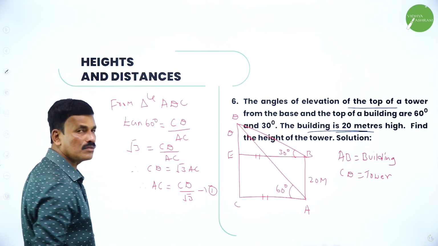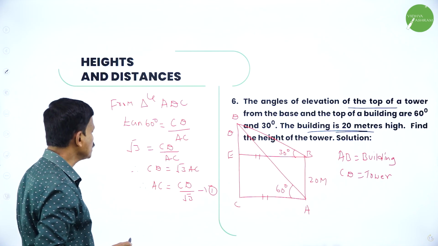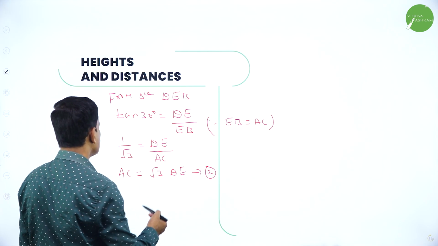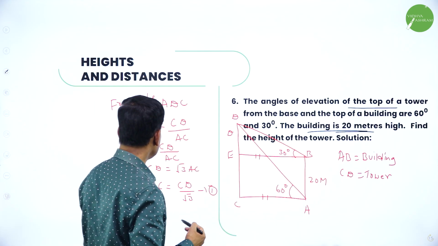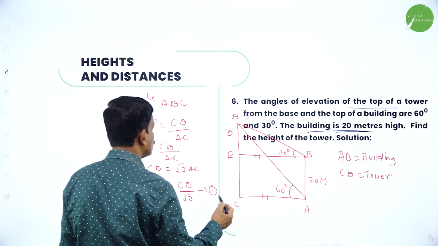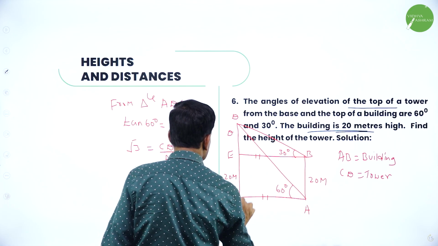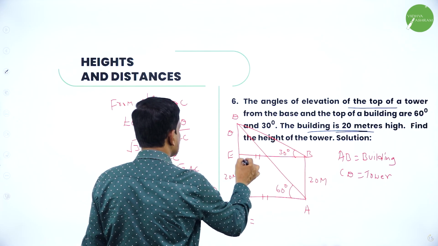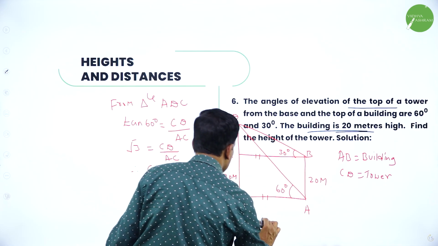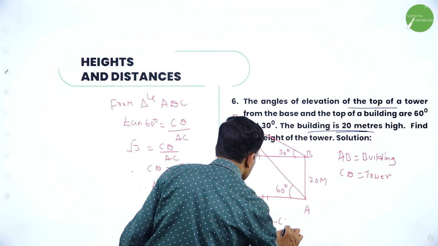Now here, what is equation 1? AC is equal to CD by root 3. Here AC is equal to root 3 into DE. Now just find out what DE is from the figure. From the figure, the distance DE is equal to the total distance CD minus CE.